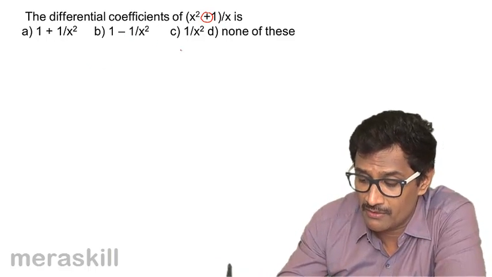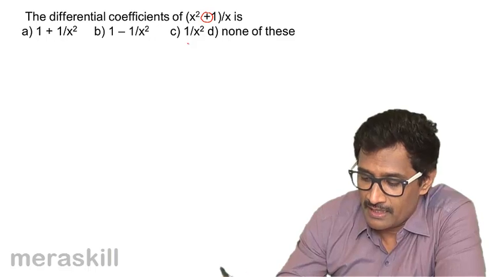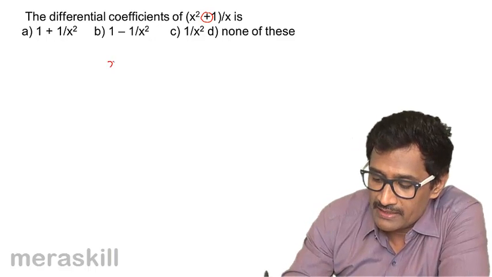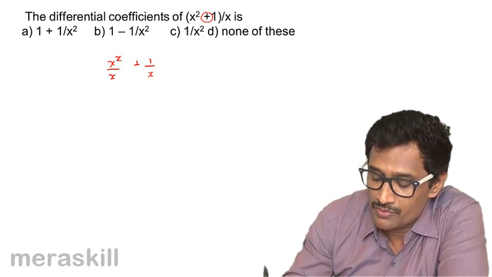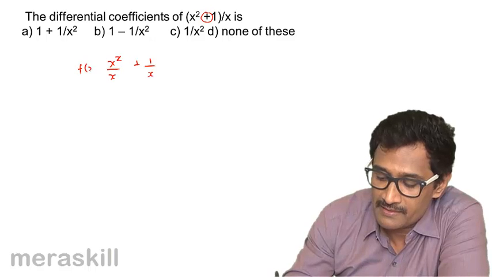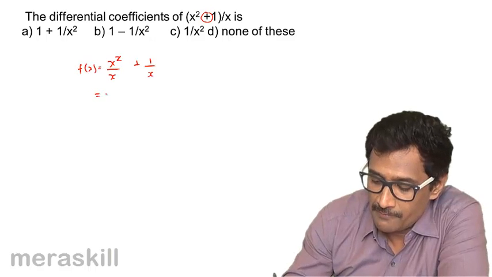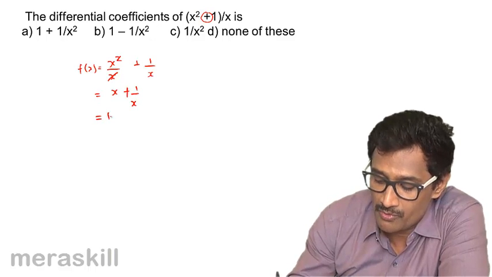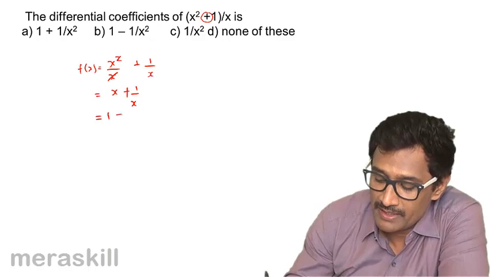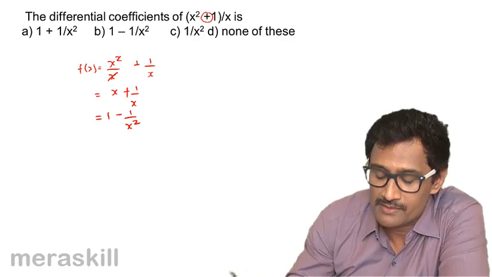There is another way of doing it, of course. I'll just explain it to you. You can even write this as x squared by x plus 1 upon x. So f of x will turn out to be x plus 1 upon x. And then if you find the derivative, this will turn out to be 1. This is x raised to minus 1, so it's minus 1 upon x squared.